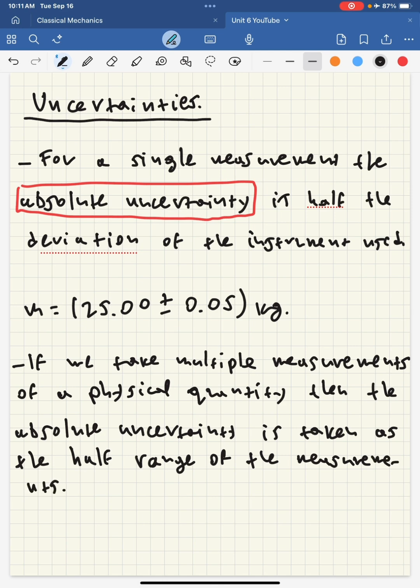So if we use the same scales as I mentioned before to measure the mass of something, and we find that the mass is 25 kilograms in one measurement, 24.9 in another, 25.1 in another, etc., then you don't take half the deviation of the instrument as the absolute uncertainty, but you take the half range.